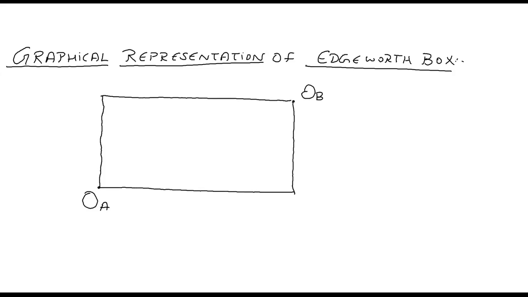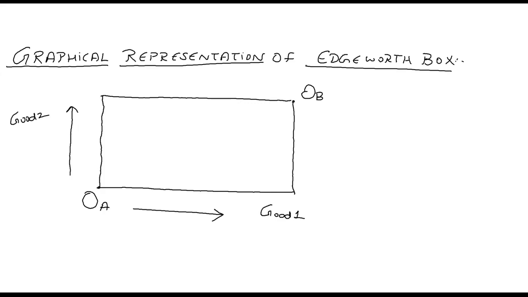Now, when I am plotting from agent A's axis, this is my origin. This is the amount of good 1 available in the economy, measured in this direction, and the amount of good 2 available in the economy from A's origin is measured in this direction.